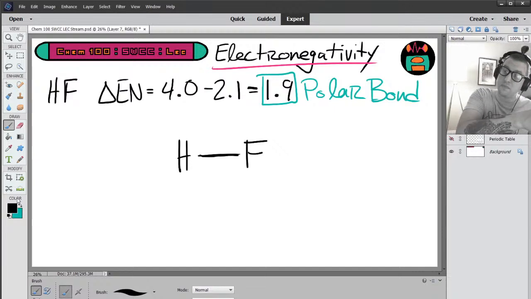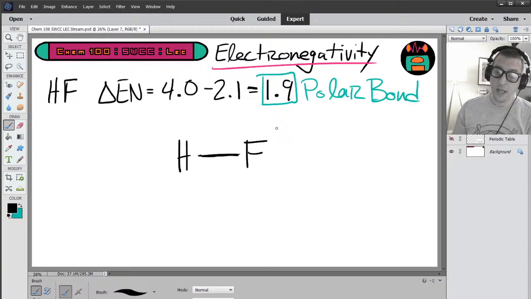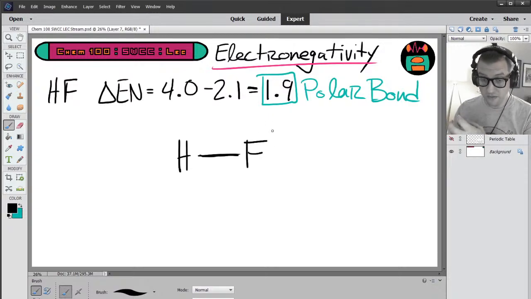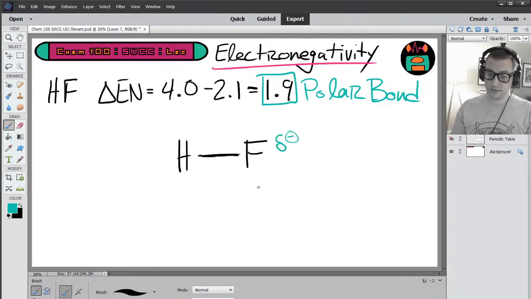They're only at hydrogen's part of the time, they're at fluorine's most of the time. And because electrons are negative and because they spend more time around fluorine, fluorine picks up what we call a partial negative charge. This is not a full-on negative charge.